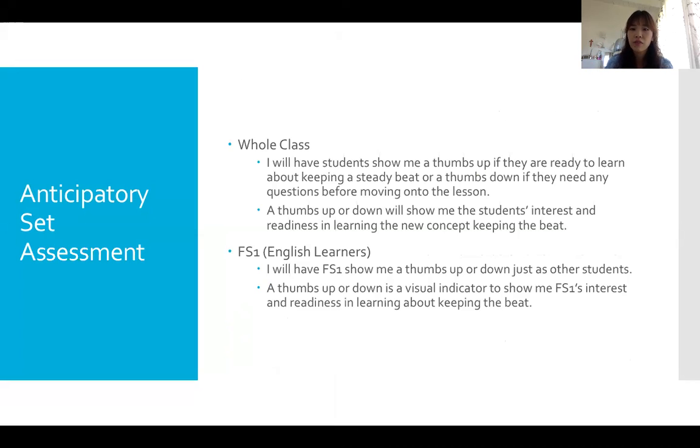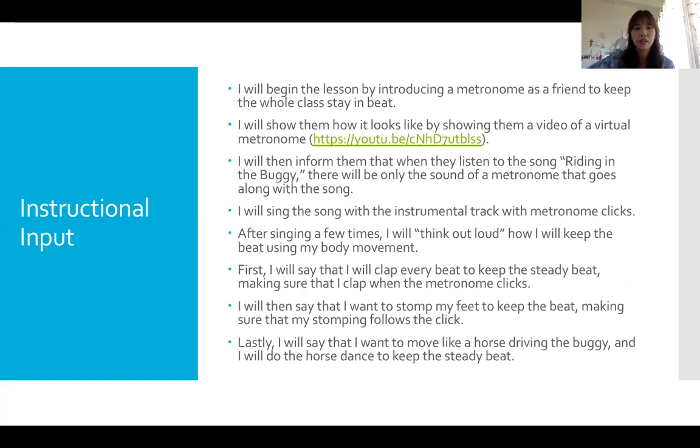And if the FS1 or any other students are not ready, I'm going to be asking them about their concerns about learning, and maybe sometimes they need encouragement to learn new things, so I might do that.